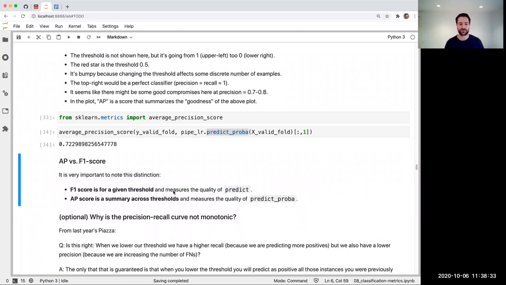And gives you a percent correct. And I keep mentioning the threshold because predict is just predict proba but thresholded. And so in a sense, things like F1 score and accuracy are a function of your scores and also the chosen threshold. Whereas this one is a summary across all possible thresholds, in a sense. And so it doesn't care what your threshold is.